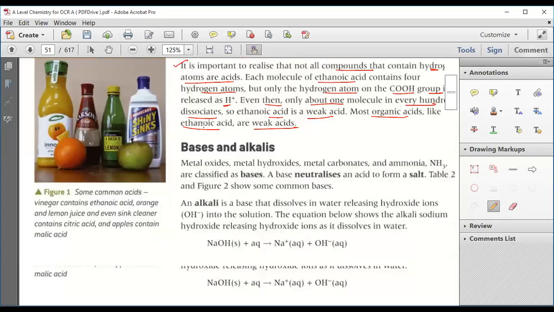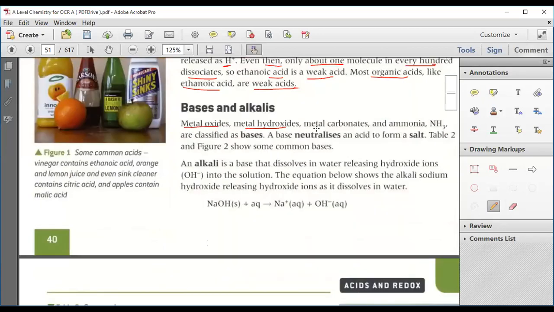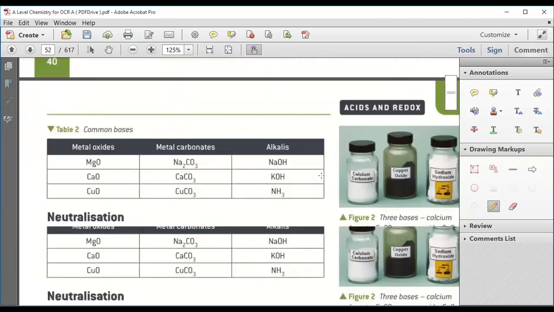Now we'll see metal oxides, metal hydroxides, metal carbonates, and ammonia are classified as bases. A base neutralizes an acid and forms salt. We will study this later on. An alkali is a base that dissolves in water and releases hydroxide ion, that is OH negative, into the solution. The equation below shows the alkali sodium hydroxide, NaOH plus water, gives you Na positive and OH negative, that we have studied.